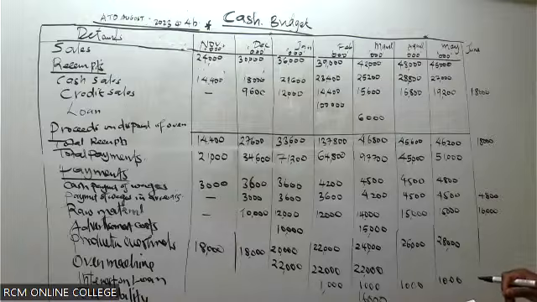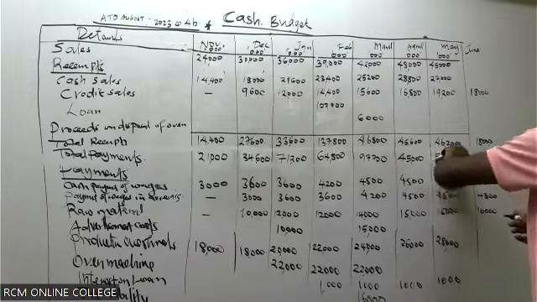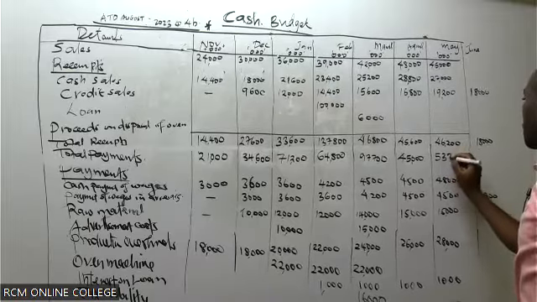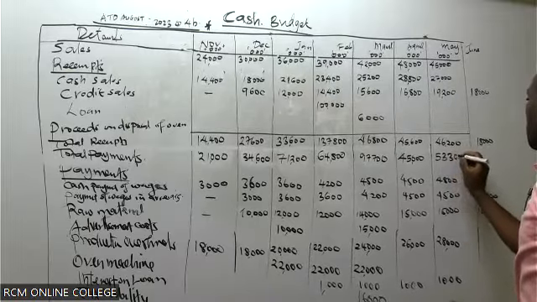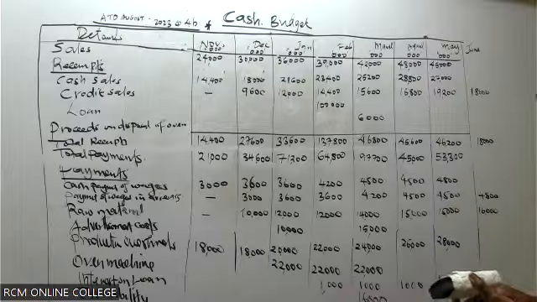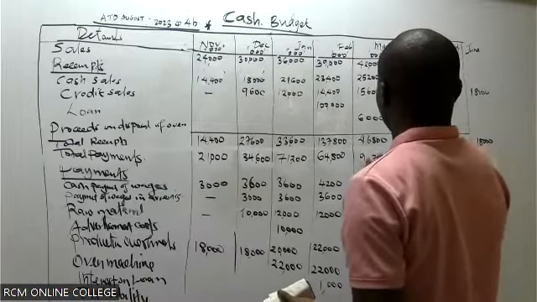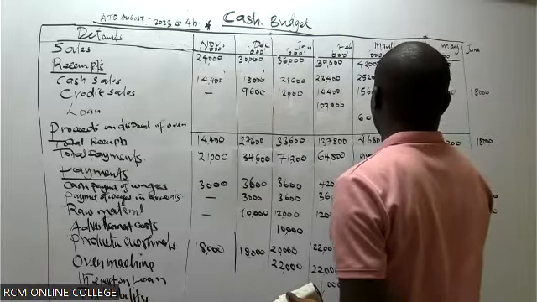Watu wanapata 53,300. So are we okay with that? March is 99,700. Kwa hivyo watu hawajui kuongeza vitu.